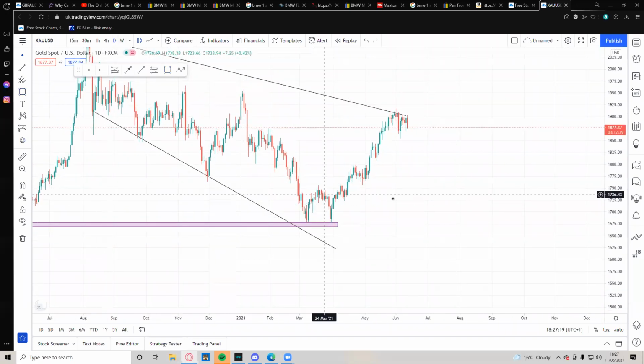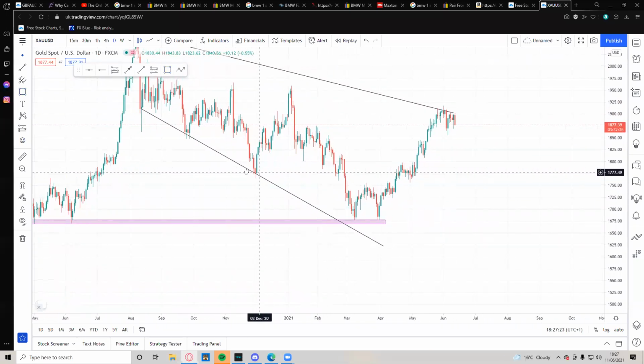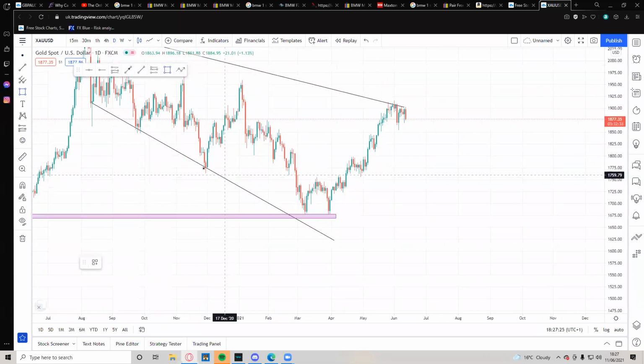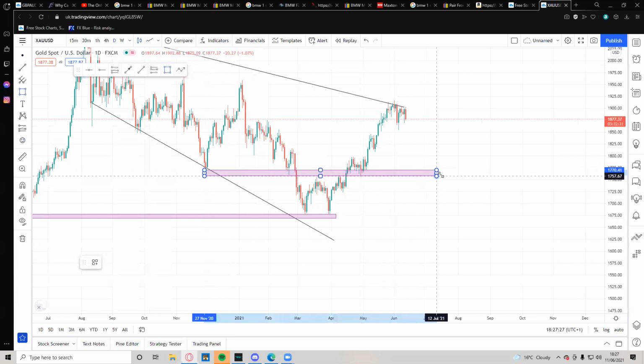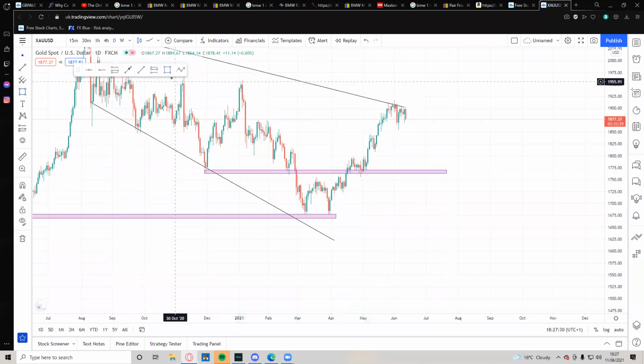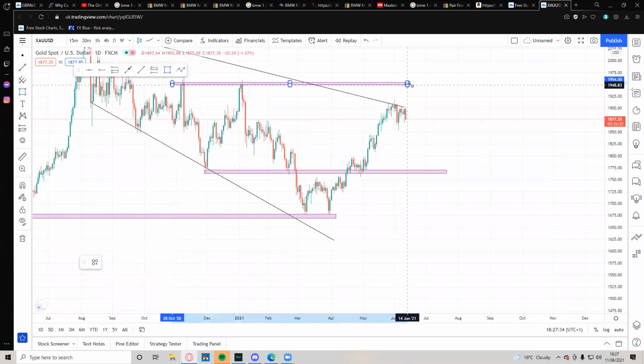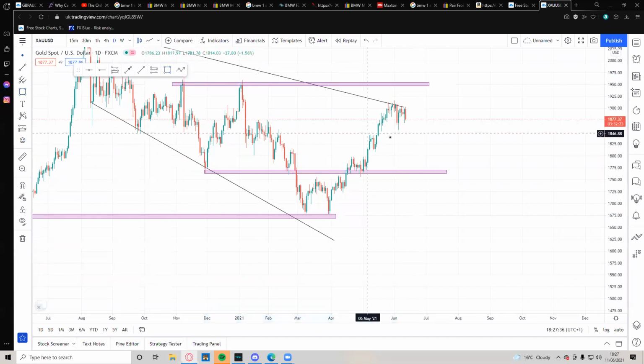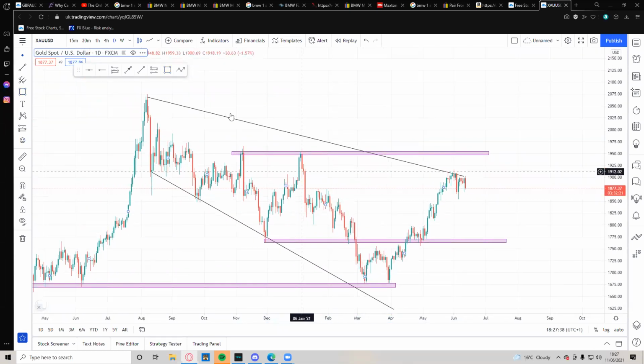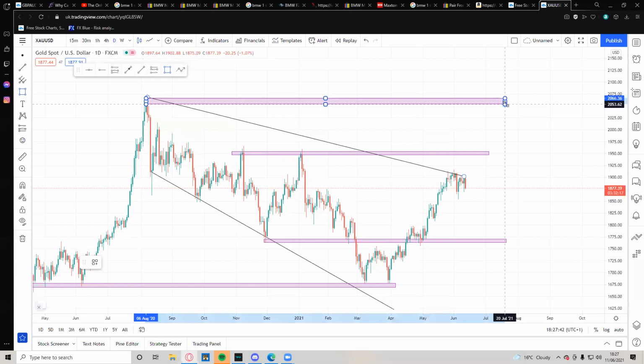Obviously, if you go to a lower time frame, you're going to see different zones, right? And then I would say we have a less significant zone here. I would say we have a level up top, but we haven't quite reached it yet, right? And then obviously we've got heavy resistance where price made an all-time high.